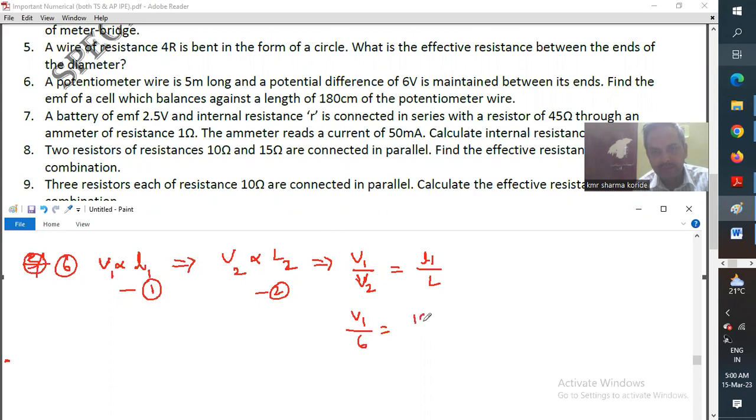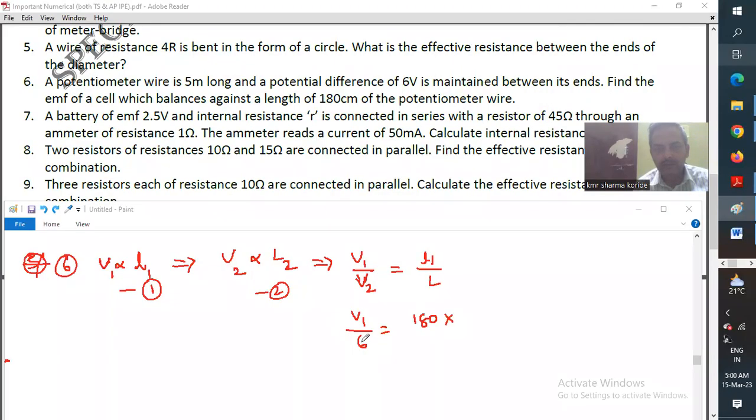L1 is 180 centimeters. 180 centimeters you can convert into meters, because this is 6 meters, 5 meters. Sorry, this is not 6. This is 5 meters. 180 centimeters means 1.8 meters.